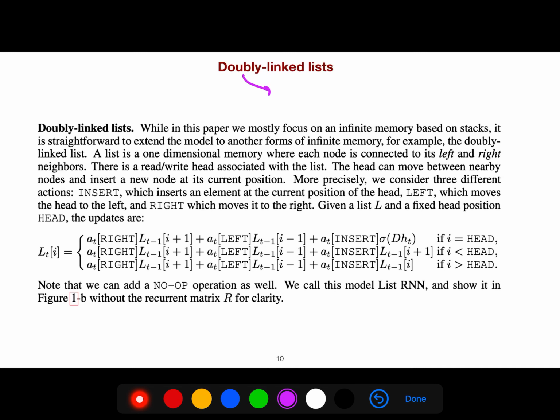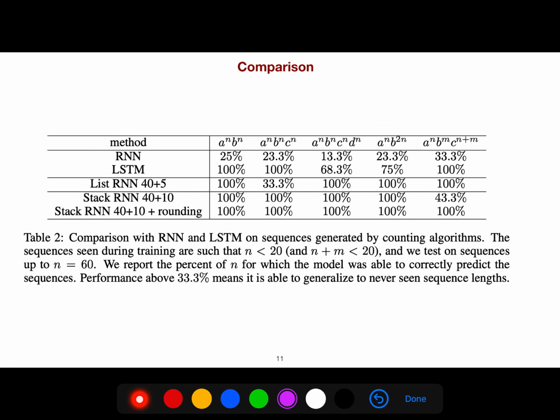But here it is very simple. You just update, given a list, so L is a list, given a list and a fixed head position, the updates of your list are like this. And here they have compared, for example, different structures.